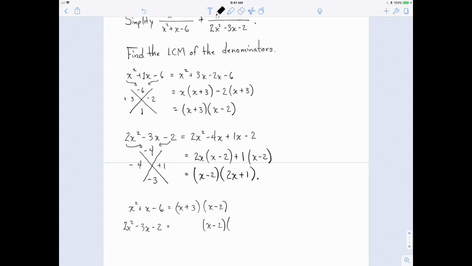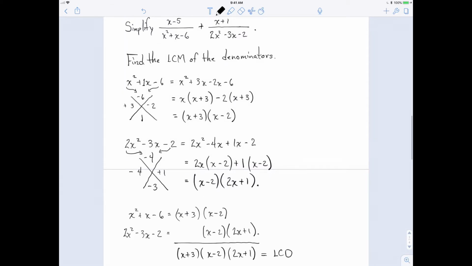Since each of these just appears once, we'll need one of each factor to create our lowest common multiple. And remember, the lowest common multiple now becomes the lowest common denominator for this problem.